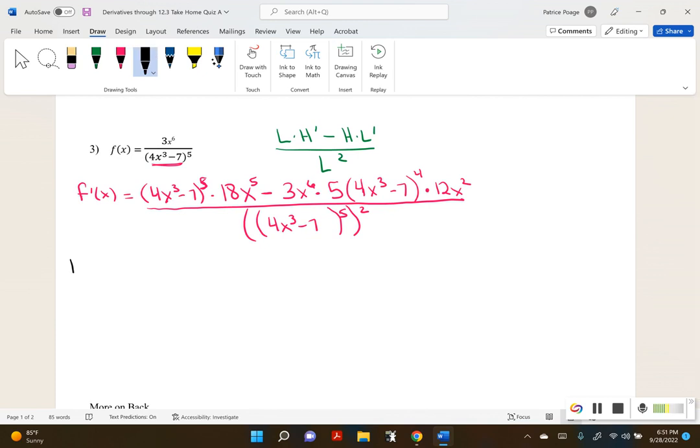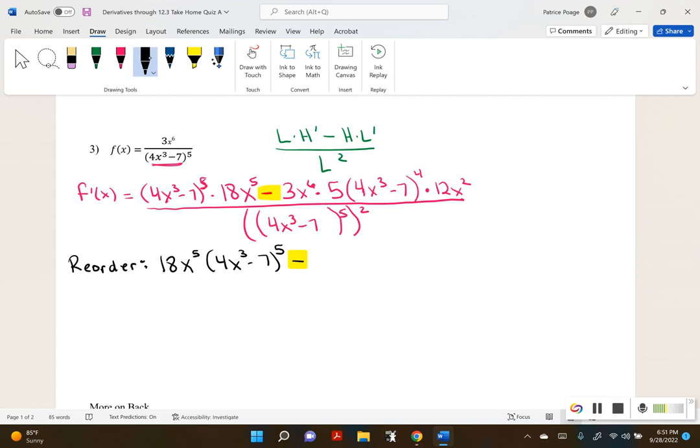So on top, I'm going to do a reorder step just because there's a lot going on top. And so here is my negative sign, which I don't want to lose. I'm going to put my number in front, then my x term, then the ugly term, minus the subtraction sign I don't want to lose.